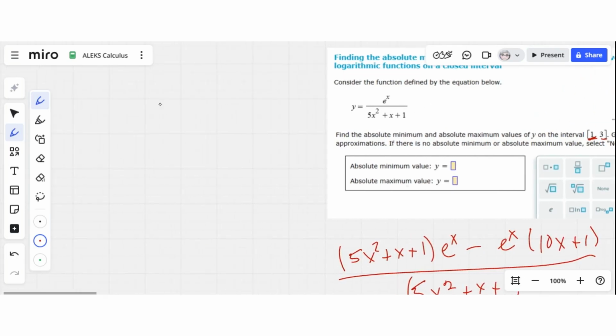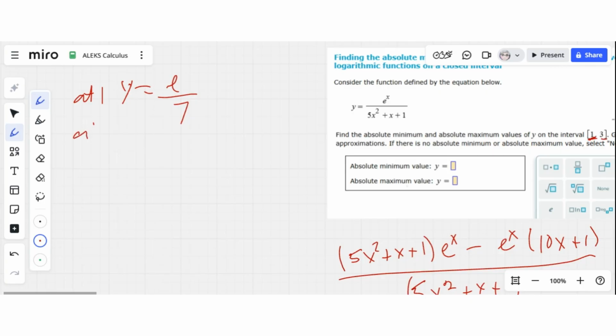If we put in 1, that's going to be easy enough. That's e over 5 plus 1 plus 1. So that's going to be e over 7. So at 1, the function equals that.